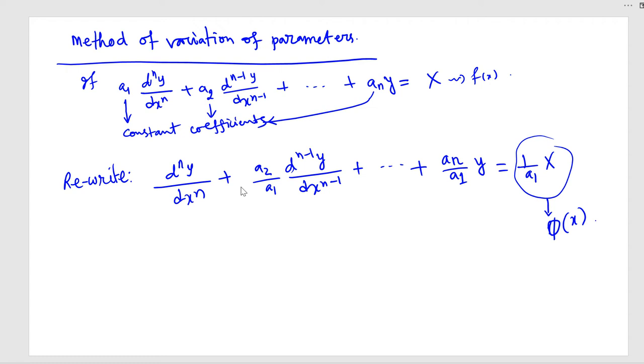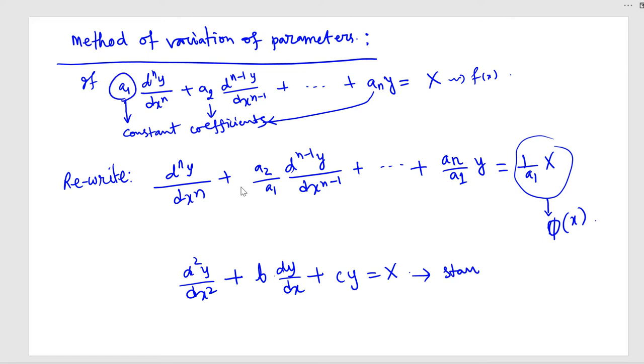So the method of variation of parameters is the method we will be discussing today. We'll take one small example, for example, d2y/dx2 plus b dy/dx plus c into y equals to x. So this is the standard form for the method of variation of parameters.